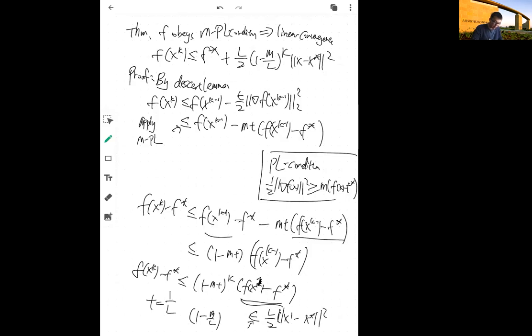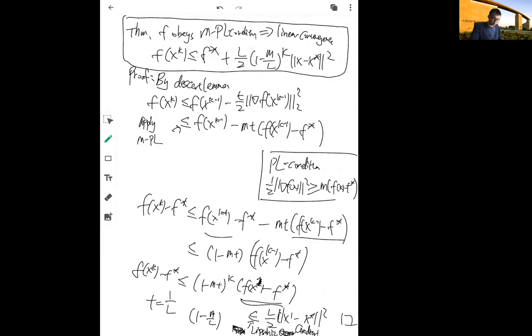So this is by Lipschitz gradient. Yeah, so this concludes the proof of the exponential convergence that we've stated at the beginning.